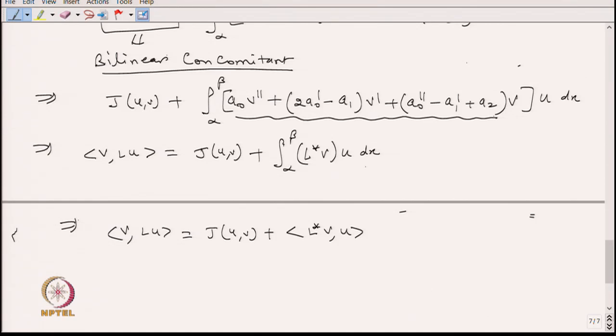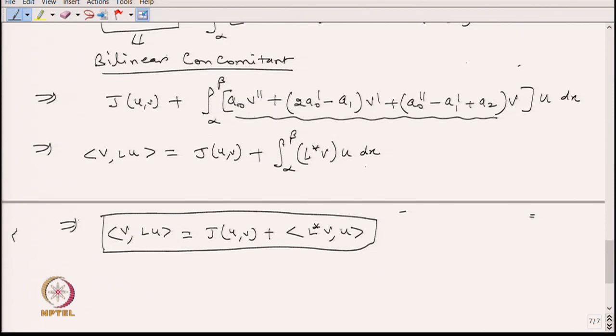Now, this is the quantity we got. If you see clearly, we have come up with a new differential operator that is represented by L star. Now, what about this quantity?